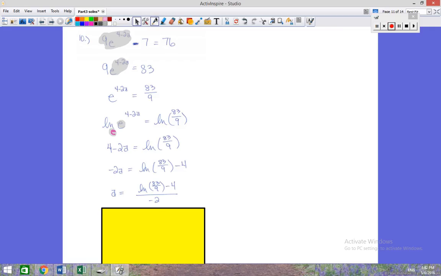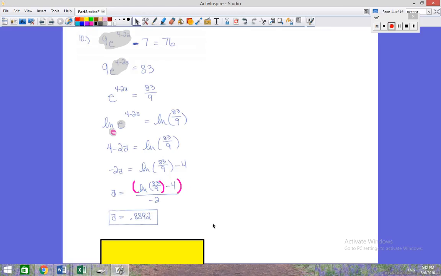When I go to the calculator and I key it in, make sure that you put the entire numerator in parentheses, and don't forget to close that parentheses when you're taking the natural log of this improper fraction. When I do that, my calculator came back and gave me a value of 0.8892. I had my calculator set up to round to 4 digits, to the nearest 10,000th.